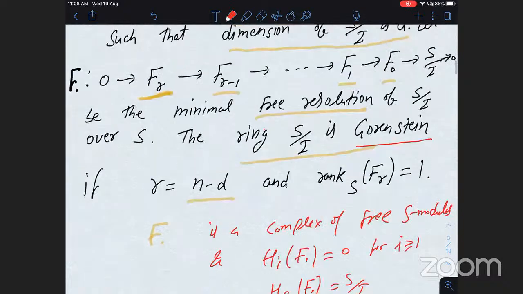This is the definition of a free resolution of S mod I over S.